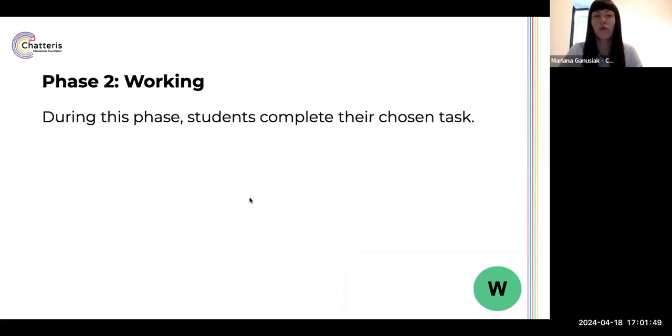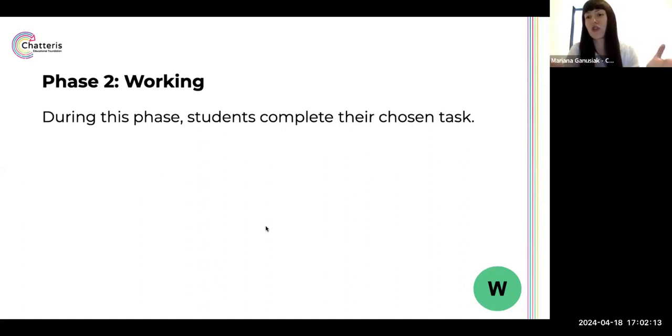Now we are going to move on to the next stage. So after you have provided students with options and they have selected the content choices, they have selected the process choices, the students have already decided what they want to learn and how they're going to go about learning. Now it's time for them to actually complete the task.